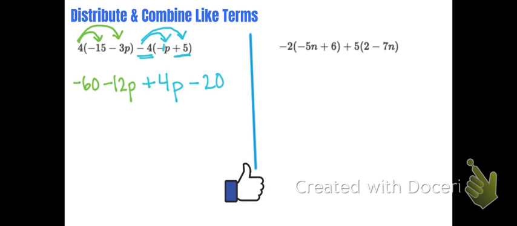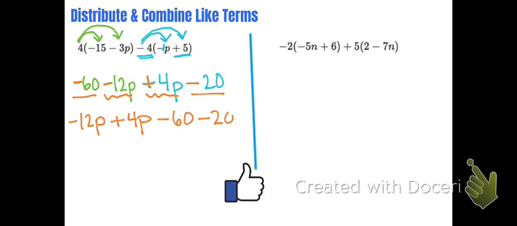Now that we've distributed, let's combine like terms. Notice we have some regular numbers and we have some terms with p's. If you would like, you can rearrange those terms. We can put the p's first. Notice I'm pulling in the signs, and then put your regular numbers. Minus 20.